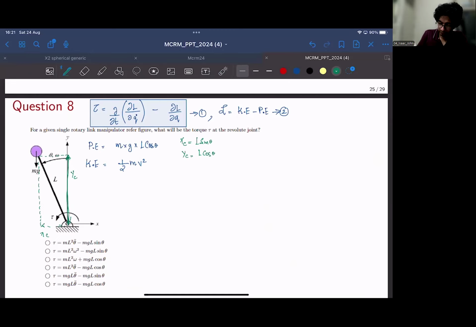If you take the derivative of these terms, xc dot, that is Vx, is L cos theta, theta dot. And if you take the derivative of yc dot is nothing but, sorry, this is Vx actually.